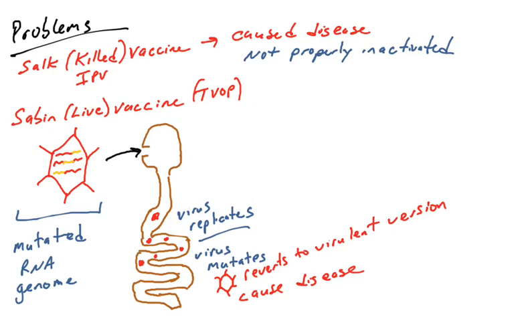Sometimes they will, but usually if the virus is mutating back to the virulent version, there's enough protective immunity from the B cell and T cell responses that have been going on that they'll have protective immunity while the virus is mutating back to the normal or wild type version. So it is possible for the individual who's getting the vaccine to come down with the paralysis due to the poliovirus reverting back to its wild type version.